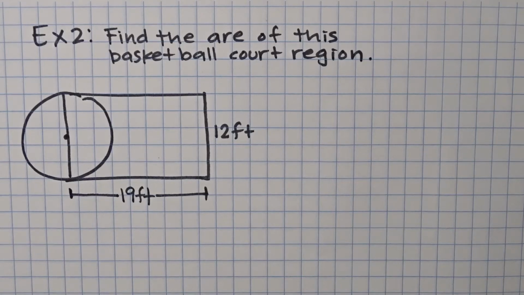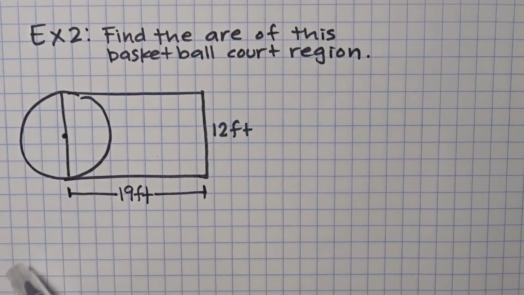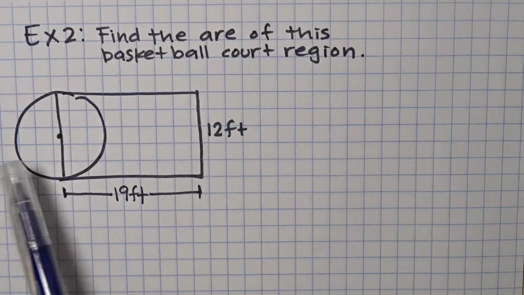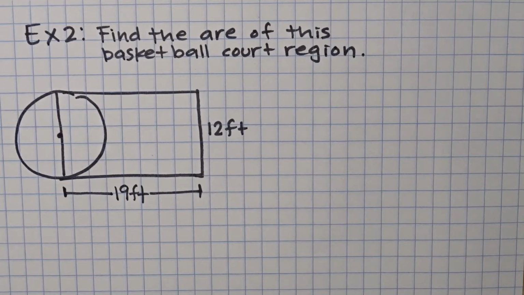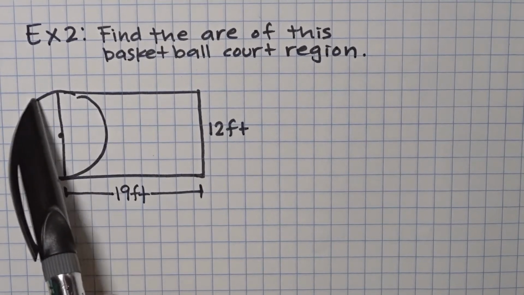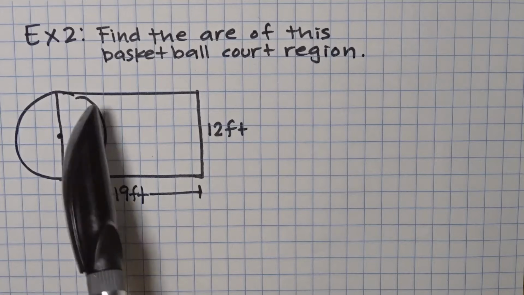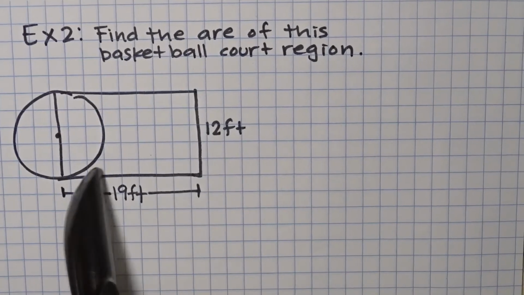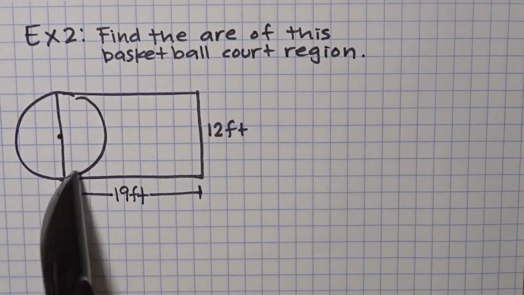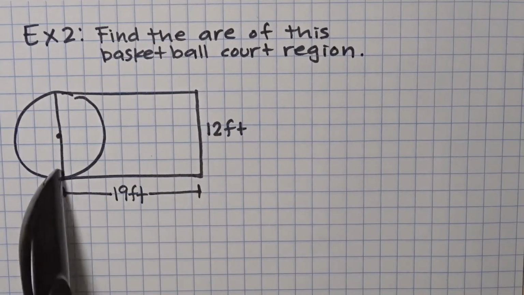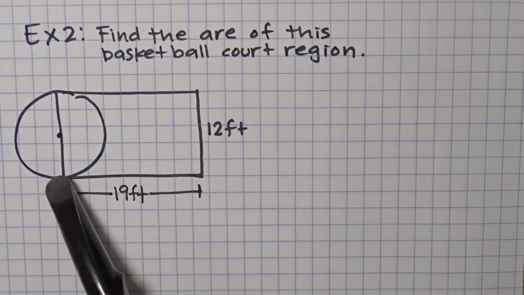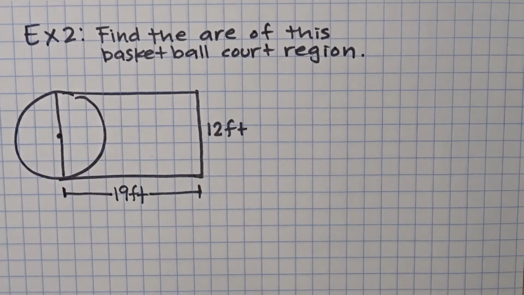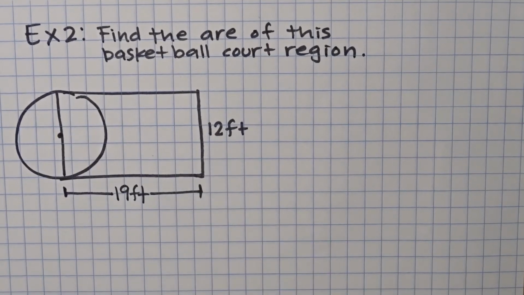But the area is not going to be the sum of a circle and a rectangle. Because if you think about it, if I were to take this circle, I'm left with this figure here that's got a big curve cut out. This is not a rectangle, okay? You end up with a weird shape that's got a curve on it, so we cannot say that it's going to be a circle plus a rectangle.